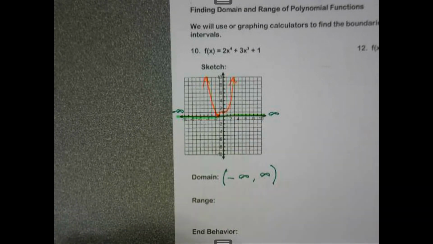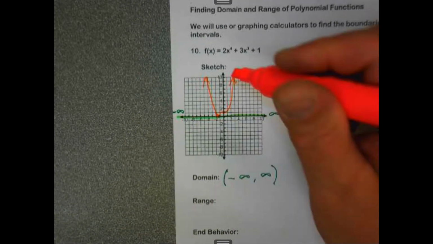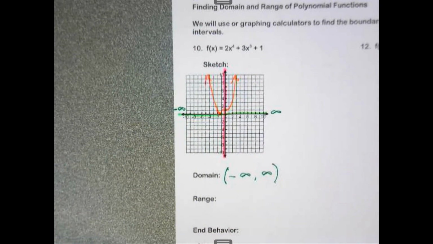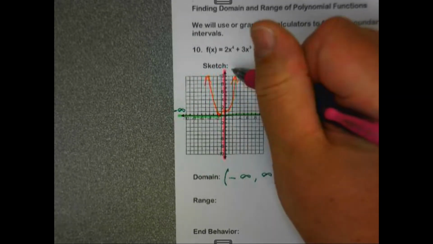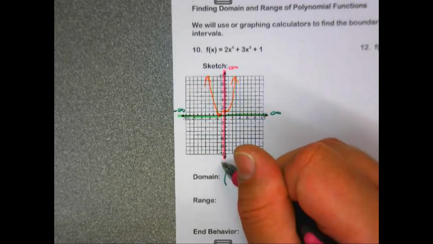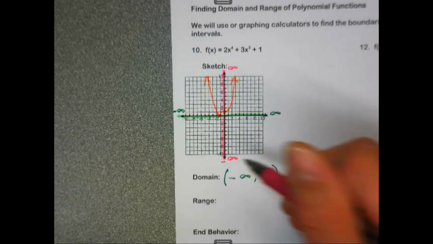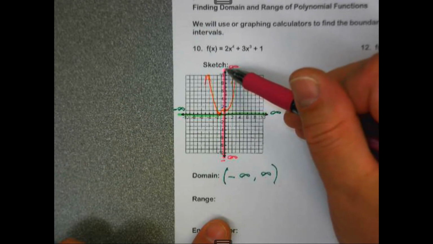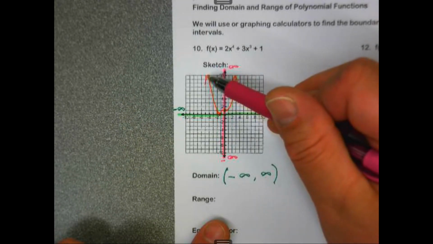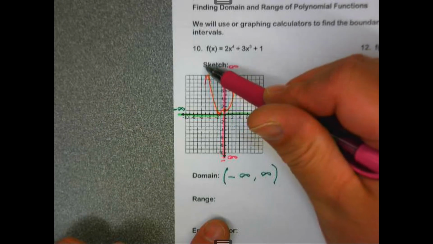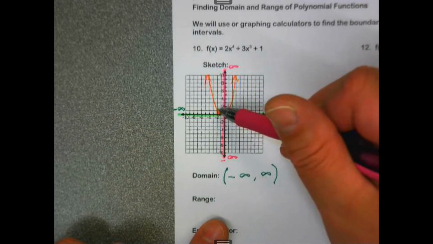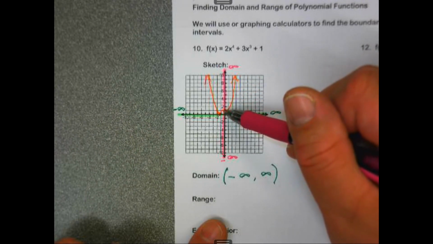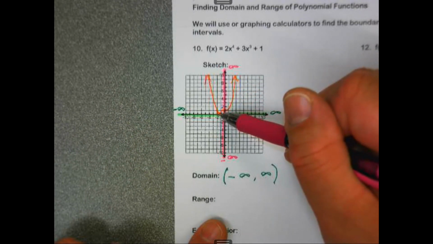Now, let's look at the range or y values. Here's my y-axis. Here's my positive infinity and negative infinity. Okay, what's the smallest y value in my graph? So it's actually coming in from negative infinity here, from the domain. And as far as the y, the smallest value is right there.